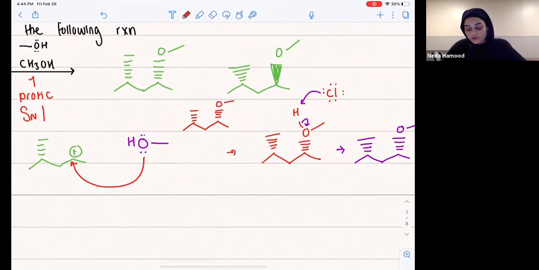And then we have O, and then we also have the hydrogen. And there's a plus sign on that oxygen. And so the oxygen is like, I just went through this entire reaction. I just want to be happy. Hydrogen, I need you to leave. I want a fresh start. And then the chlorine is like, you know what? I got kicked off of this molecule too. So let's go and live our lives together. And that is how we get our products.